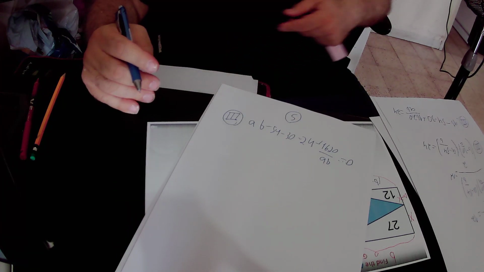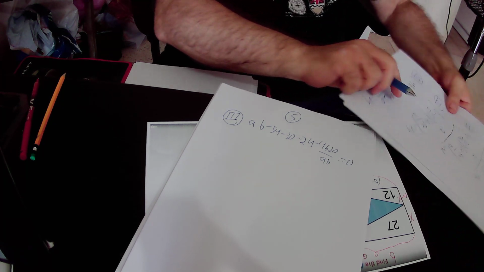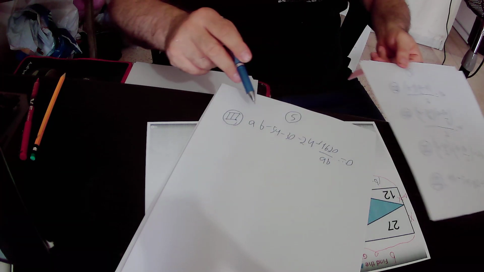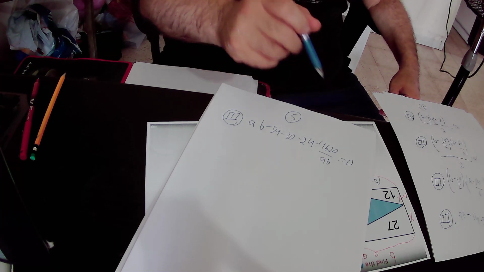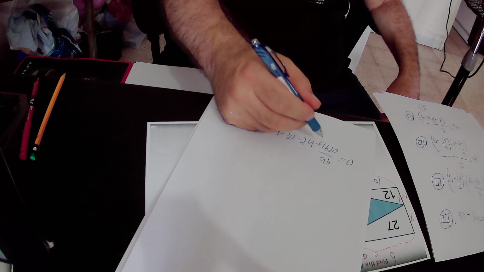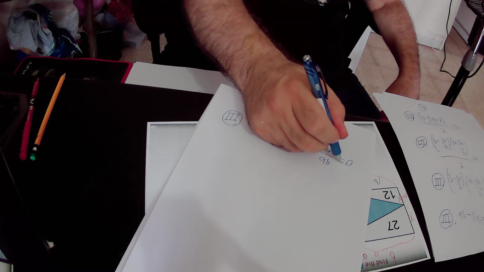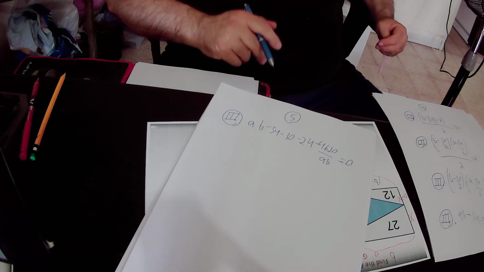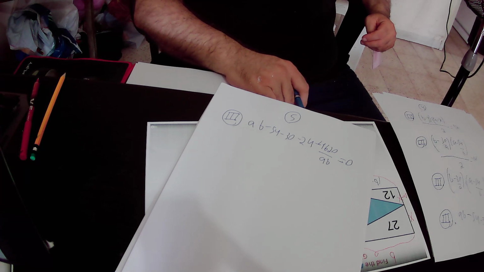Here we subtracted 24 from both sides of the equation, because 24 minus 24 is 0. Now minus 54 minus 30 minus 24 equals negative 108, so we write it down.